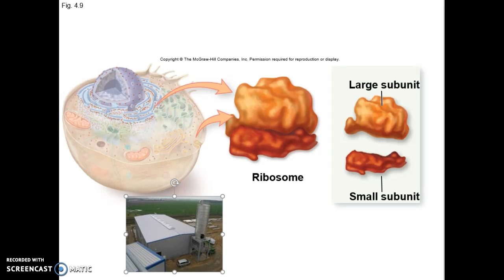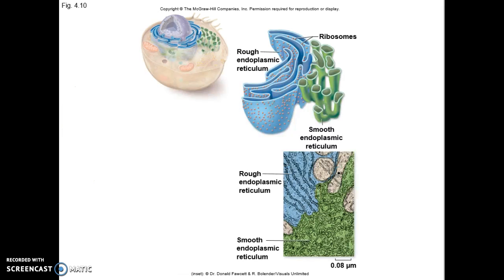And most of the time, the ribosomes are embedded into it, making it look bumpy, so it's often called rough ER. So here's the image of the rough ER. All those little dots are ribosomes, and they tend to be closest to the nucleus. So information comes out of the nucleus, goes to the ribosome, creates a protein.